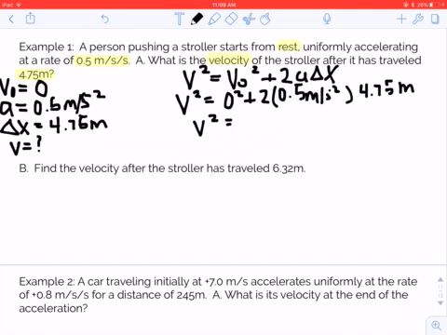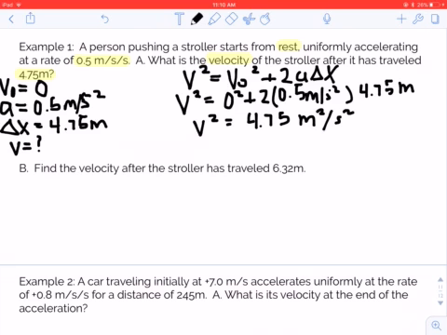I have 2 times 0.5, I'll get 1 times 4.75 meters. I get 4.75 meters squared over seconds squared. Okay, so how that occurs, right? I have meters times meters divided by seconds squared.